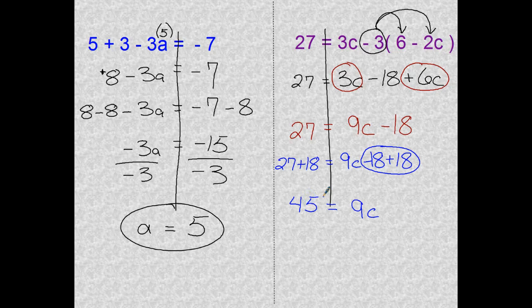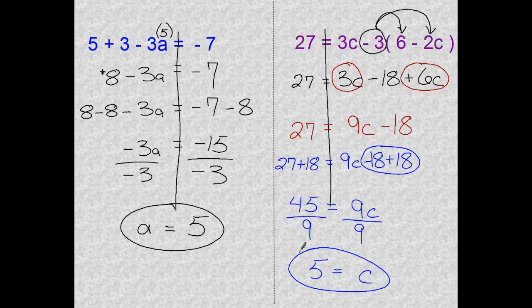Divide both sides by 9. It's pretty robotic right now, I think, for you. So C should be equal to, I didn't plan that. Both of them happen to be a 5. Go back and check. Make sure you substitute into the original problem. Wherever you see a C, put that 5, do the order of operations, and make sure that it checks out.